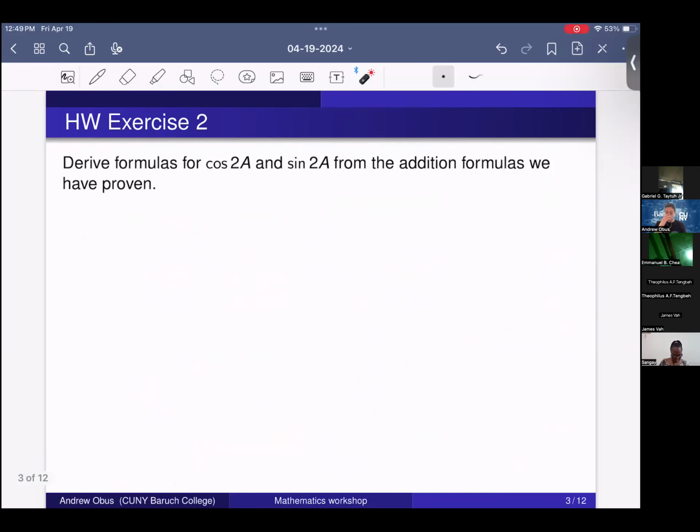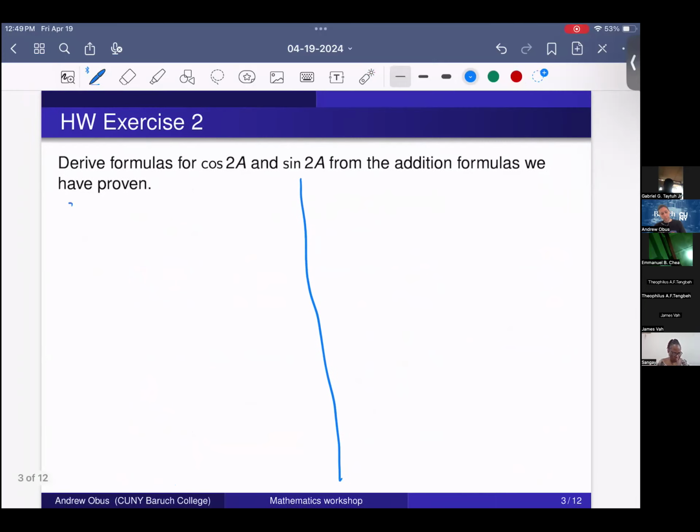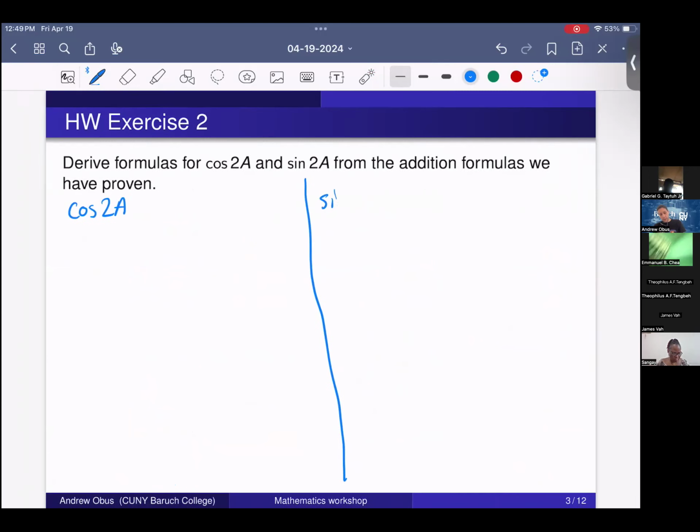We have: derive formulas for cosine of 2a and sine of 2a from the addition formulas that we've proven. Okay, so this is not so bad. Again, we'll split it up into two areas. So we have cosine of 2a, and here we have sine of 2a.